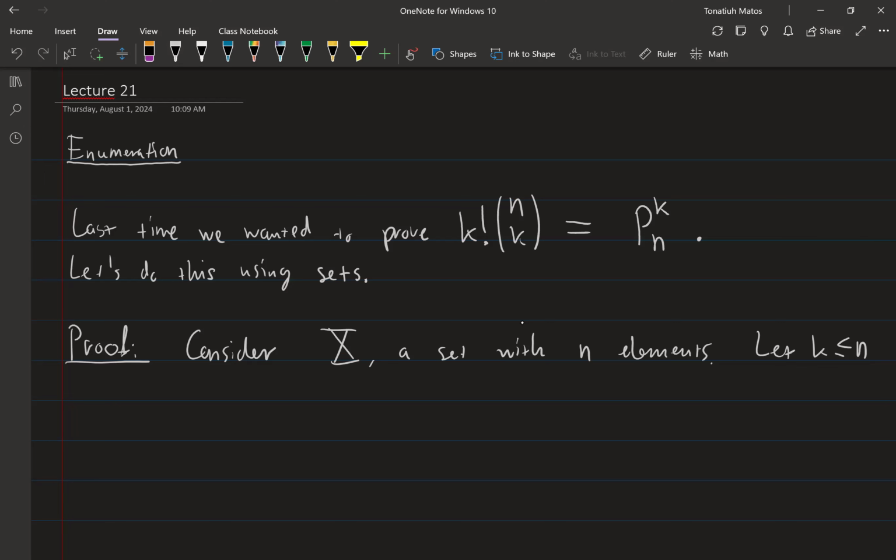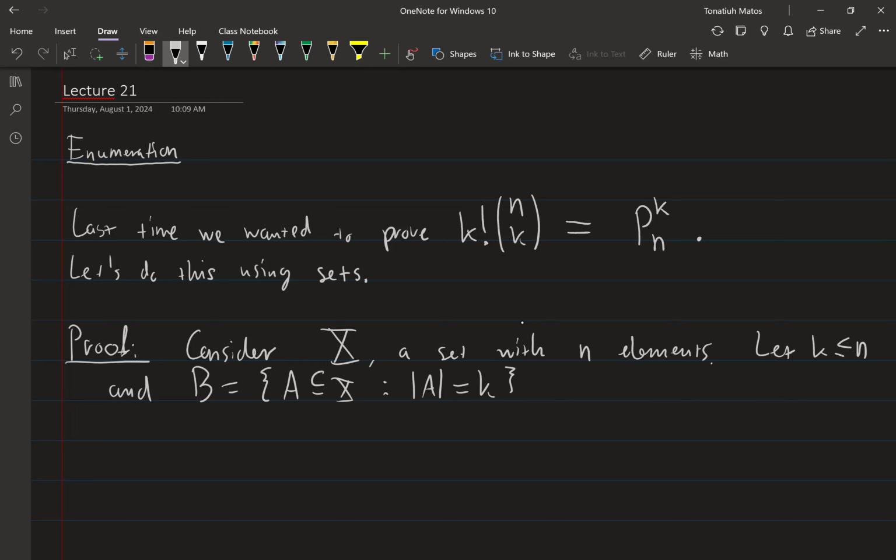Let B be the set of subsets. Okay, I'm running out of letters. Let's call this something else. You know what? Let's just call it B, whatever. So this will be the collection of subsets of X of size exactly k.